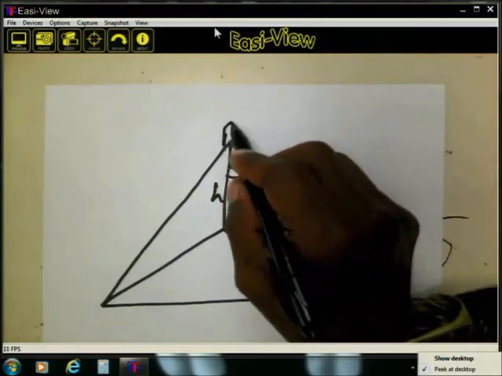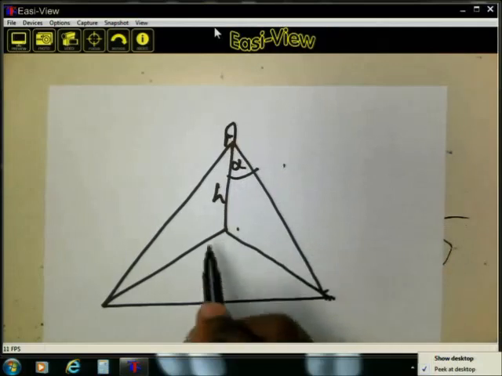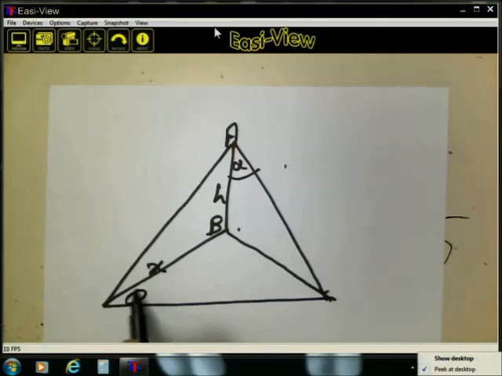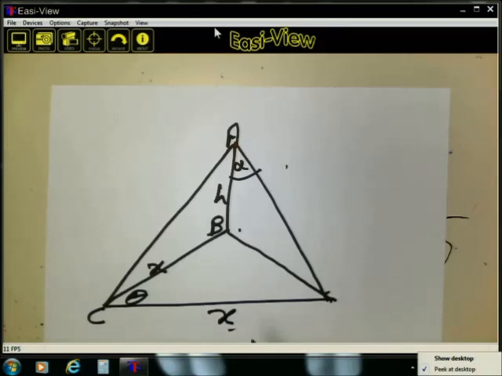This is A. This is B. This is X. The angle here is theta. This is C. This is X. And this is D.